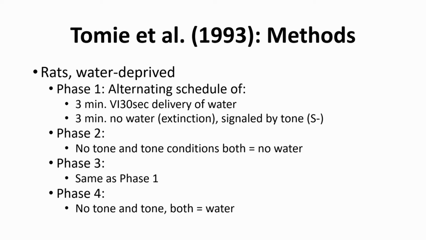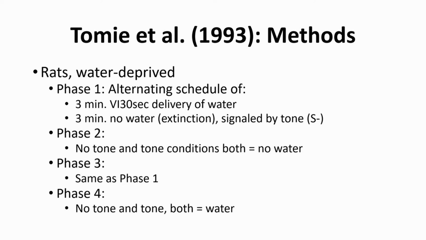For phase 1, we saw an alternating schedule of either 3 minutes with a variable interval of 30 seconds for water delivery, so basically every 30 seconds, more or less, that's what the variable part of that means. Every 30 seconds on average, the rat would receive access to water, and then that would be followed by 3 minutes of no water, so an extinction period, and this was signaled by a tone.